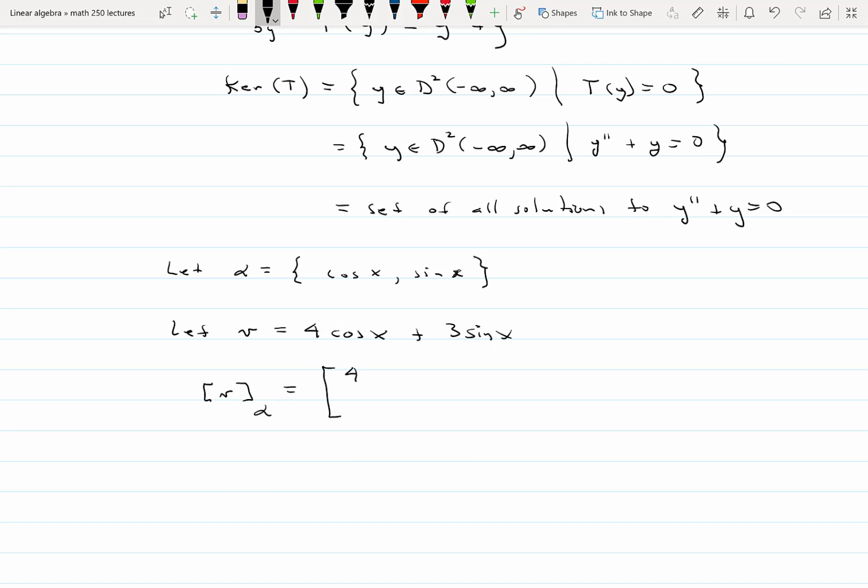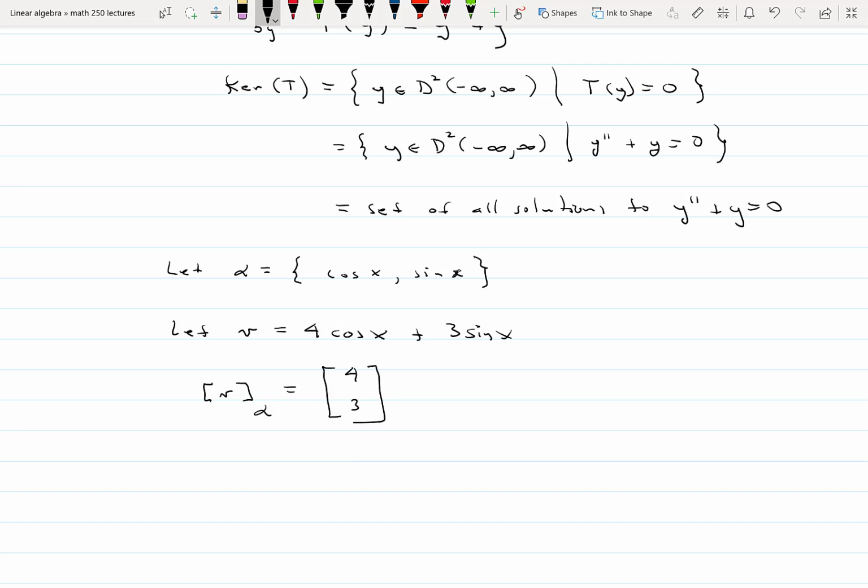It is the column vector 4, 3, which doesn't look anything like the solutions to this differential equation. But coordinate vectors are always column vectors, so we can associate a column vector with any vector from a finite dimensional vector space.